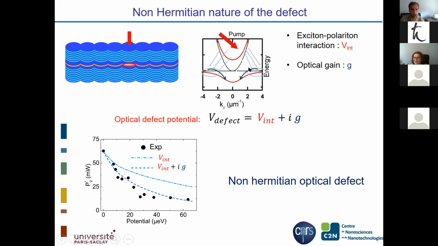So the defect is actually a non-Hermitian defect, which also has some imaginary part. If we take this into account and calibrate carefully, we reproduce the experimental observation. So this may be an interesting knob in the toolbox: the ability with our system to also create a non-Hermitian defect.